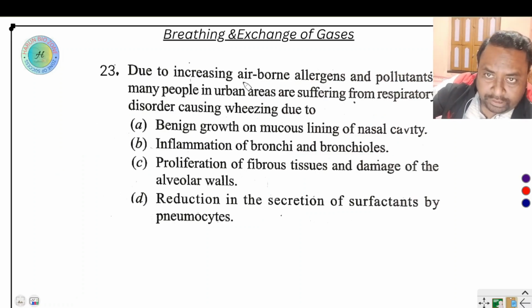Next question. Due to increasing airborne allergens and pollutants, many people in urban areas are suffering from a respiratory disorder causing wheezing, with inflammation of bronchi and bronchioles.